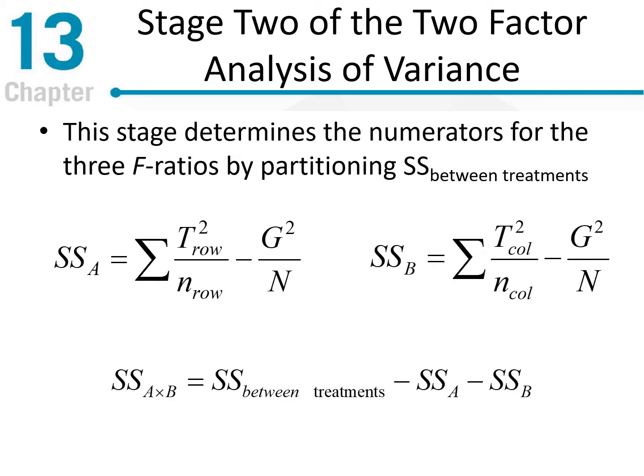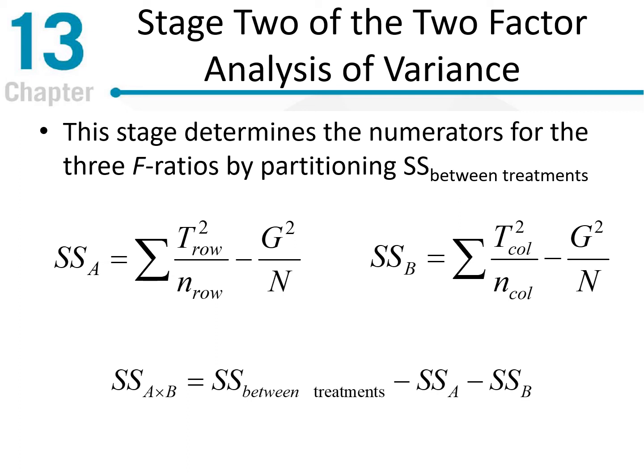Now, if I'm partitioning the main effects, I need a different formula for the main effect of A, the first variable, the main effect for the second variable, which is B, and the main effect for the interaction term, which is A times B. So the sum of squares for A is going to be the row totals.